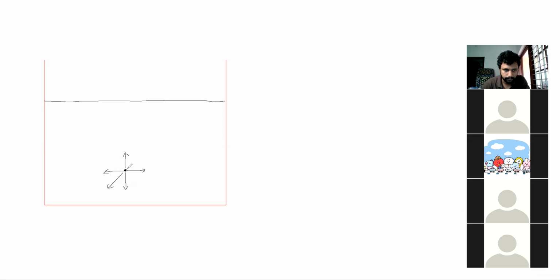If it is a water molecule, it will be pulled in all directions by the water molecules around it. Therefore, the net force acting over this molecule, will it be upward, downward, or zero? Zero. The net force acting over this molecule is zero.